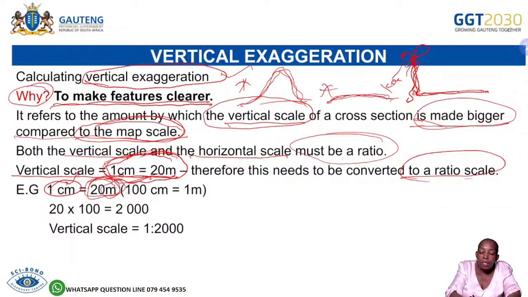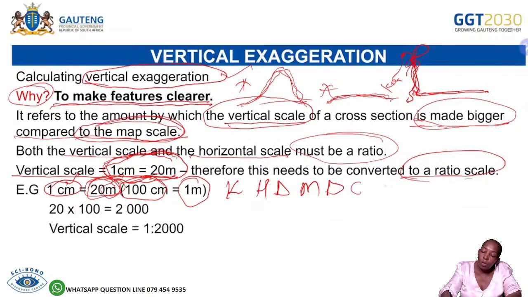We convert the meters to centimeters. So how many centimeters are there in a meter? There are 100 centimeters. So we know this would be your kilometer, your hectometer, your decimeter.